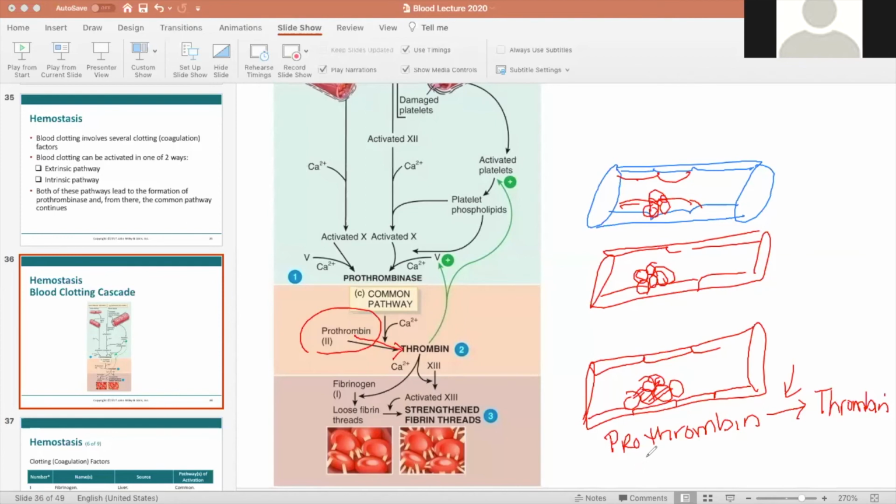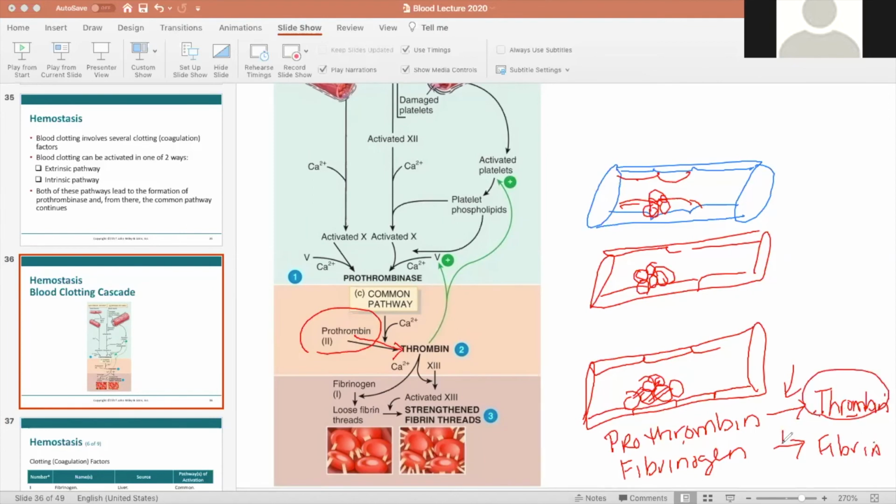And the reason is because when it converts, we need that thrombin, this is active, and we now need fibrinogen. We now need fibrinogen to convert to fibrin. So fibrinogen needs to convert to fibrin. And the way that it does that is it needs this first.